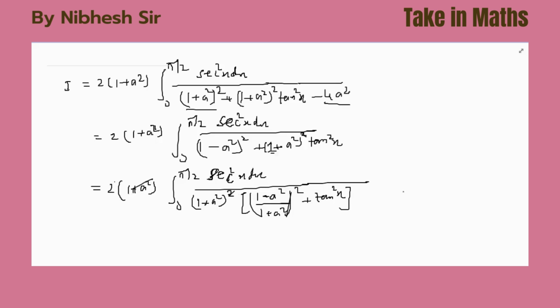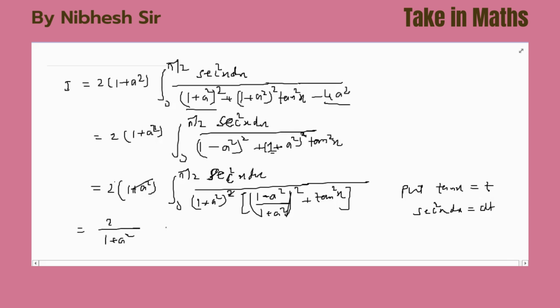Now I will put tan x as t, so sec square x dx is dt, and I can write 2 by 1 plus a square. Also we change the limit: when x is 0, tan 0 is 0, and for pi by 2 it is infinity. So the limit is 0 to infinity, dt divided by ((1 minus a square) by (1 plus a square)) the whole square, plus t square.